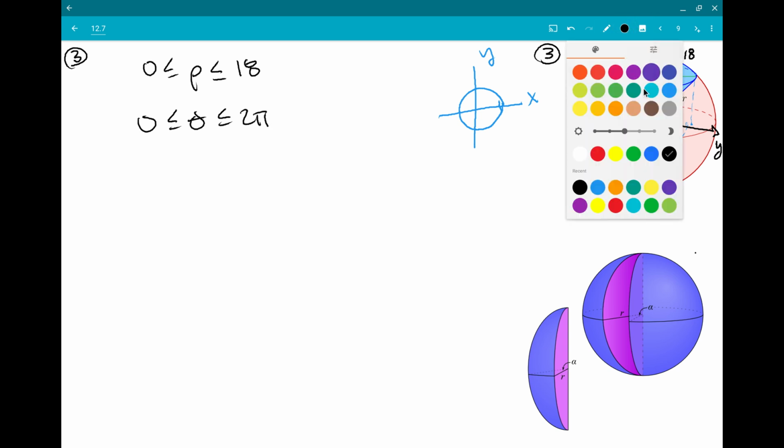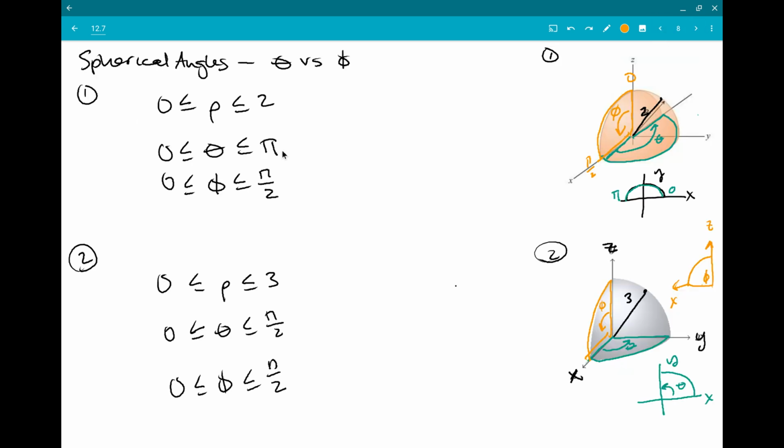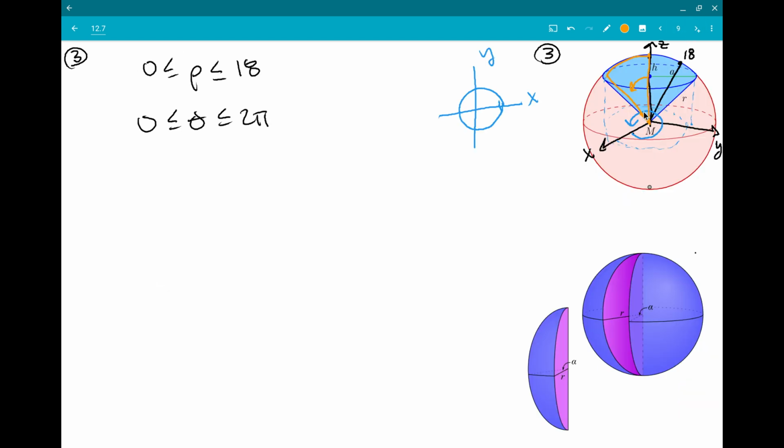And so next up, we have to think about phi. So phi depends on starting from the positive z-axis and then tracing out our shape going downwards. So since our shape doesn't hit the xy plane, we know that we're not going to have that same upper limit, phi going to pi over 2.